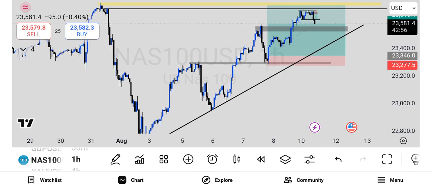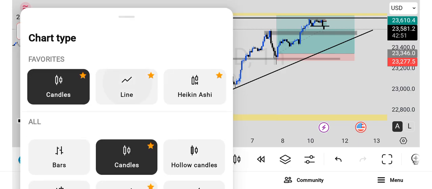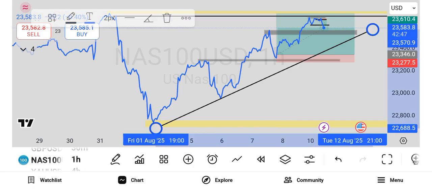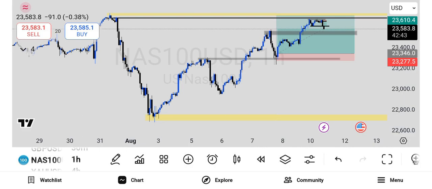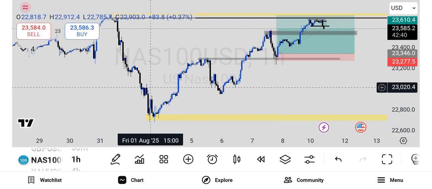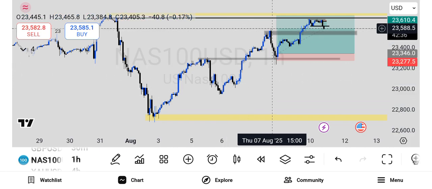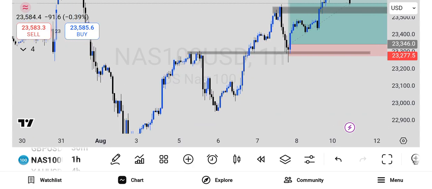Even when I apply this trend line, you can see that price is in an uptrend. Even when you switch to a line chart, you can see the market structure perfectly, guys. Market structure is important, and we classify an uptrend with higher highs, higher lows, higher highs, and higher lows. That's an uptrend, guys.